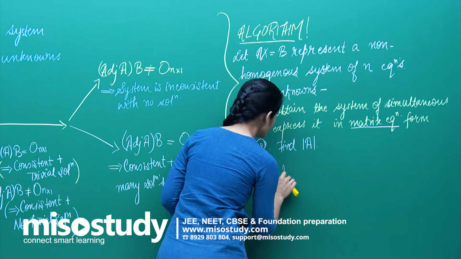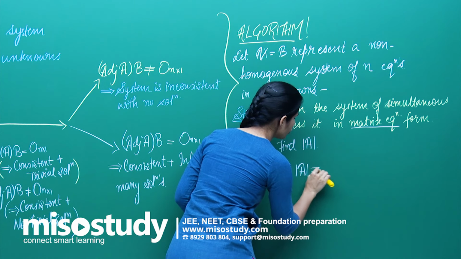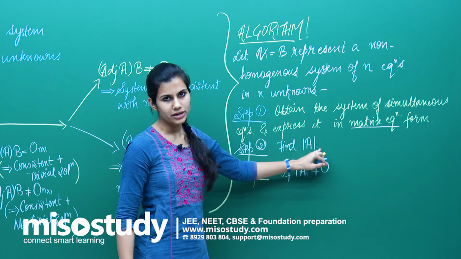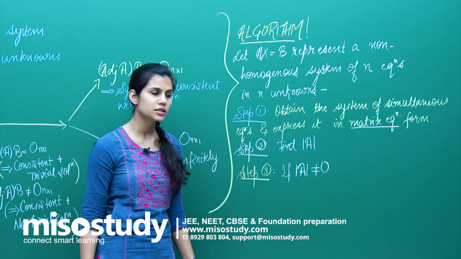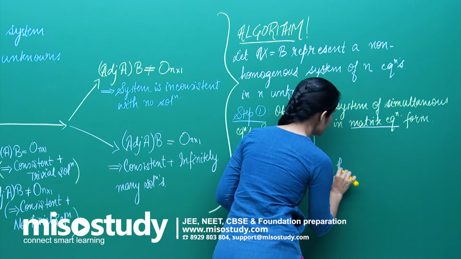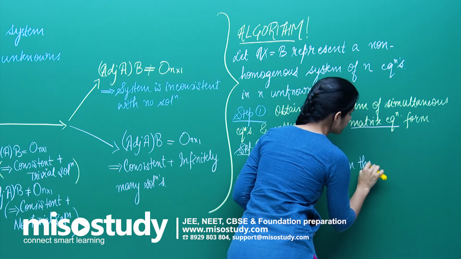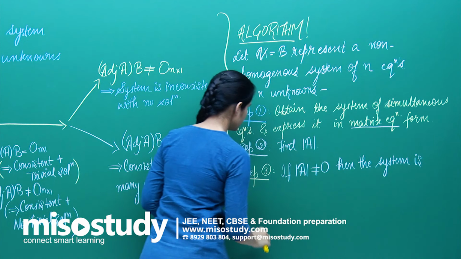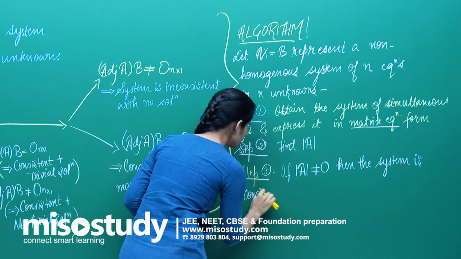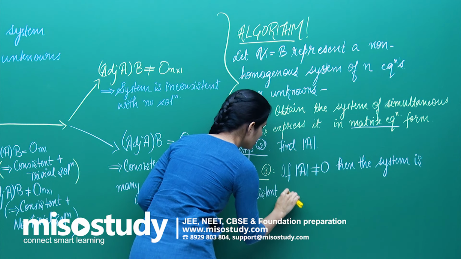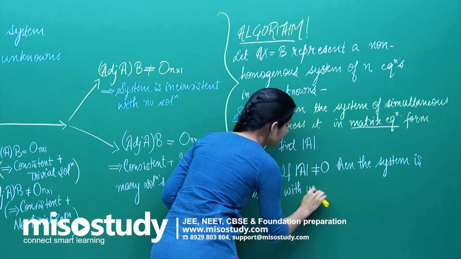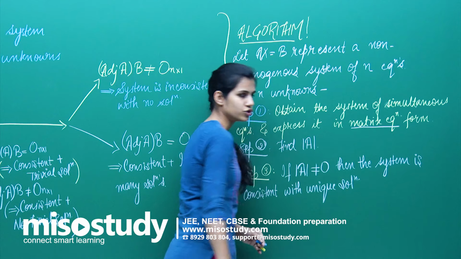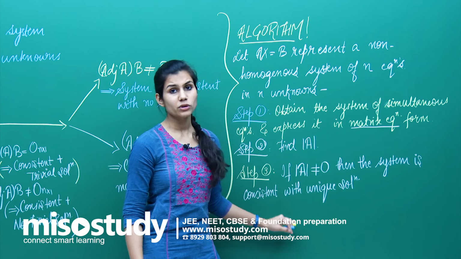So step 3 says that if determinant of A is not equal to 0, suppose you have got a non-zero value as the determinant of the coefficient matrix of the system, then the system is consistent with unique solution.